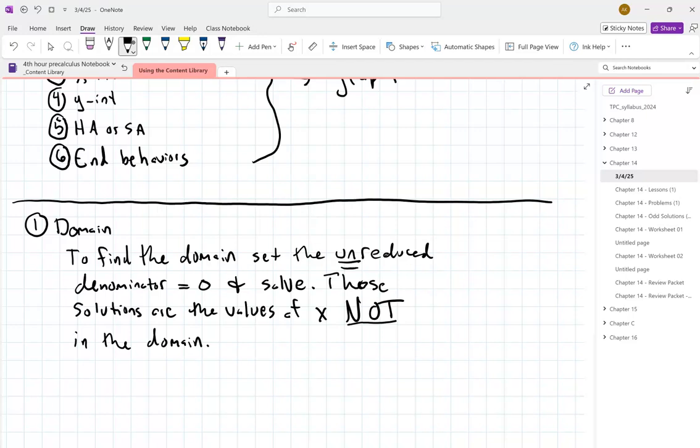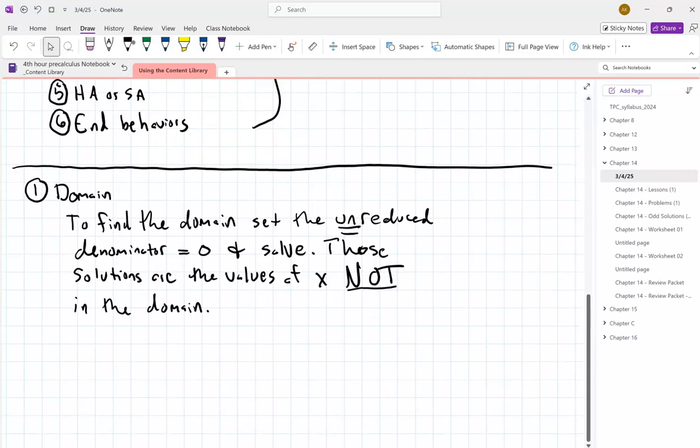The solutions to that equation are the values of x that are not in the domain. So solving that equation is going to give us the holes in our domain. Our domain will be everything except for those values, and then we'll write our domain from that.